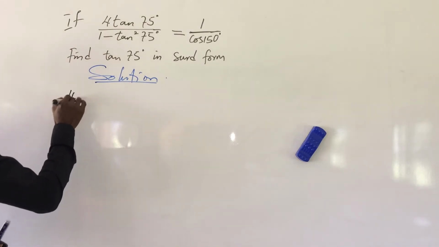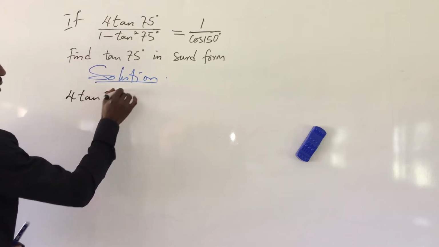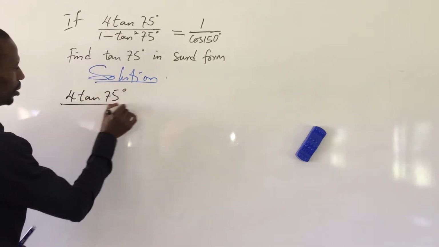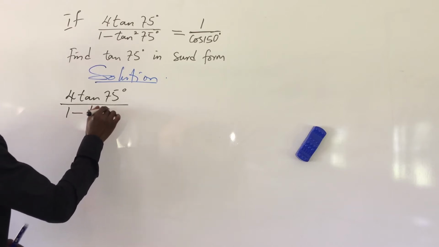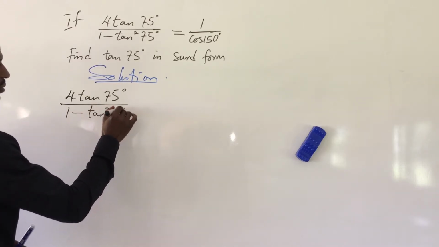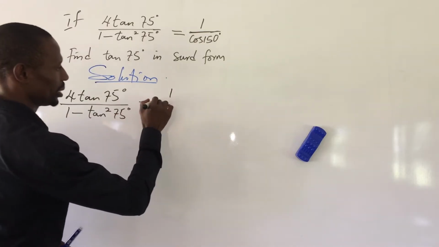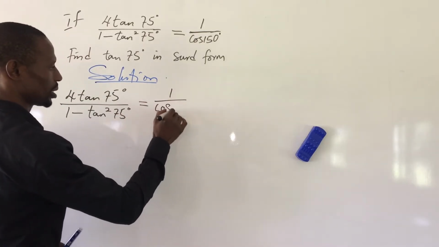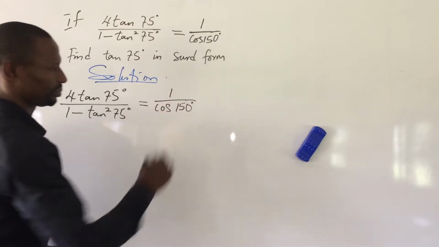Let's write out our equation. So we have 4 tan 75 degree all over 1 minus tan square 75 degree, all equal to 1 all over cos 150 degree.